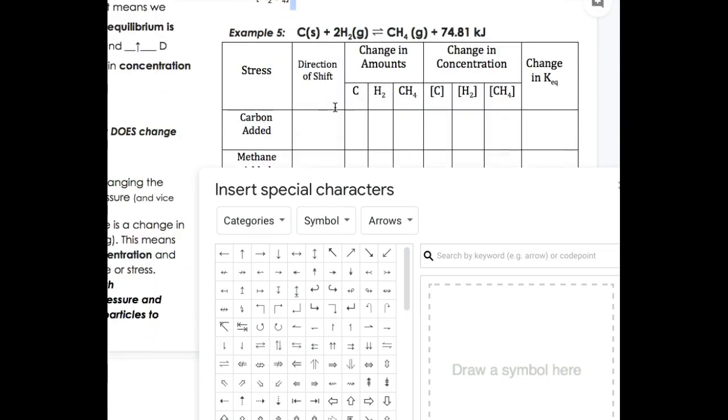Hopefully that made sense. You just have to think about it like, if you disturb a system, it's going to counteract that change. It's going to move in a different direction, and the amounts are going to change. Then the concentrations may change if the substance happens to be a gas or an aqueous substance.